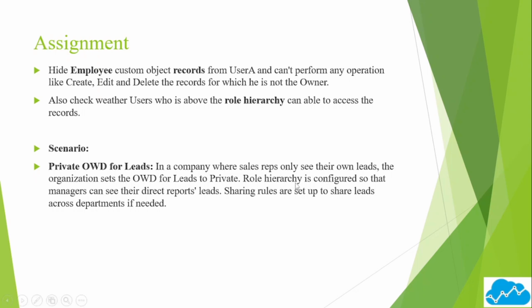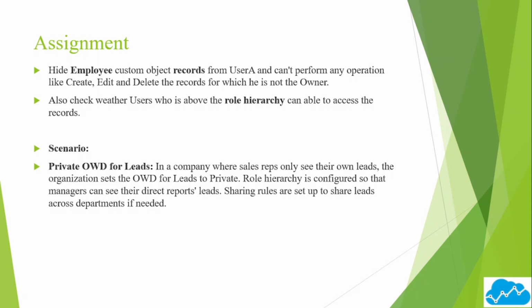If the role hierarchy is configured so that a manager can see their direct reports' leads, then for user A and user B there is a manager. The manager is going to see both records, user A's records and user B's records.